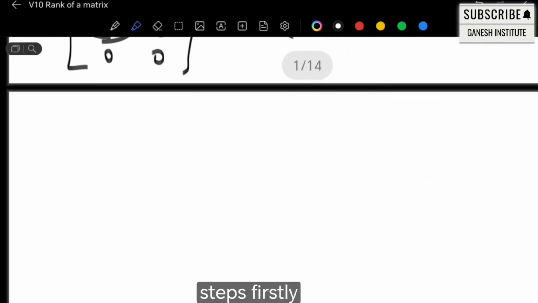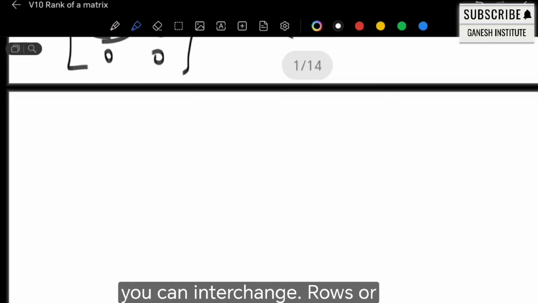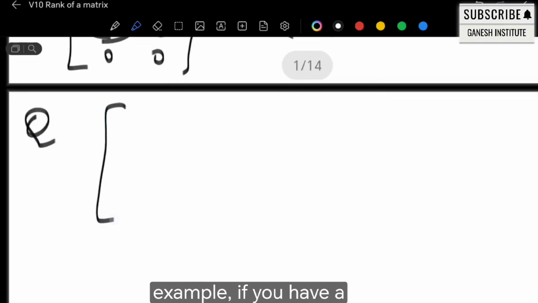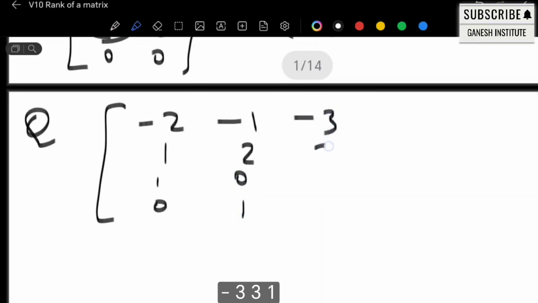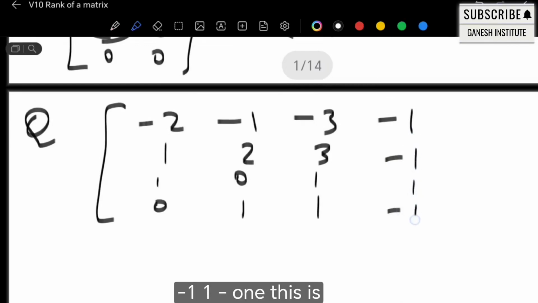So there are a few steps. Firstly, you can interchange rows or columns to obtain a non-zero element in first row. For example, if you have a matrix -2, 1, 1, 0, -1, 2, 0, 1, -3, 3, 1, 1, -1, -1, 1, -1.